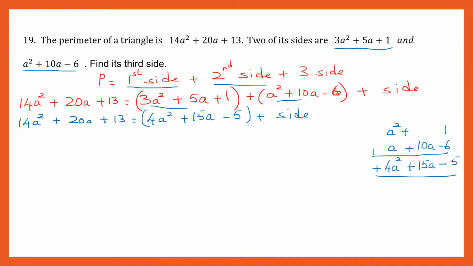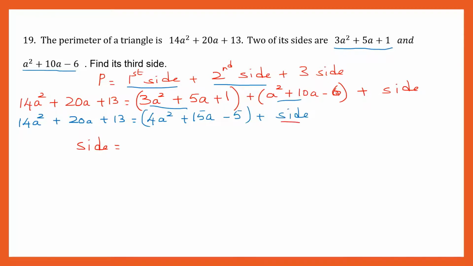Now to find the third side, what do we have to do? I'm going to write side by itself. Side is equal to, I'm talking about this side, I will write down this minus the sum of the two sides, that is perimeter. To find the third side, perimeter minus sum of two sides.